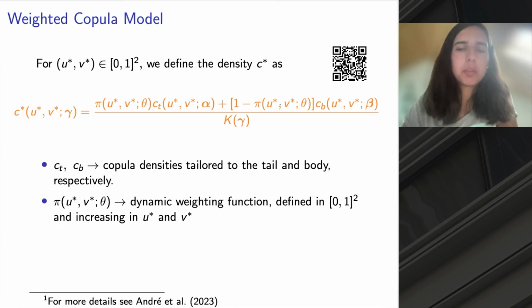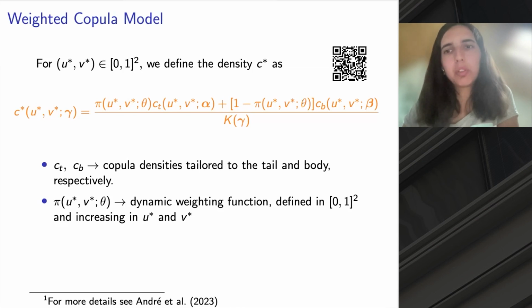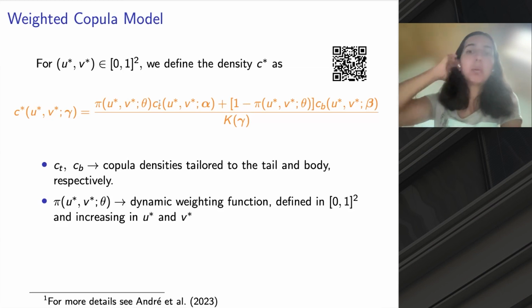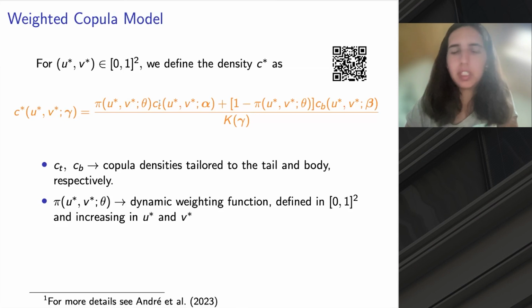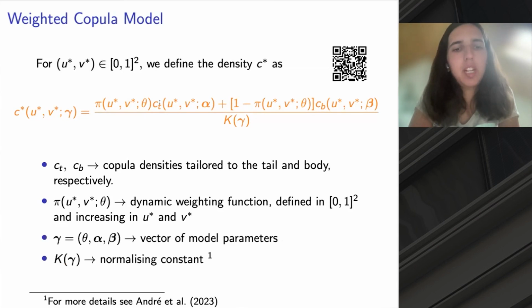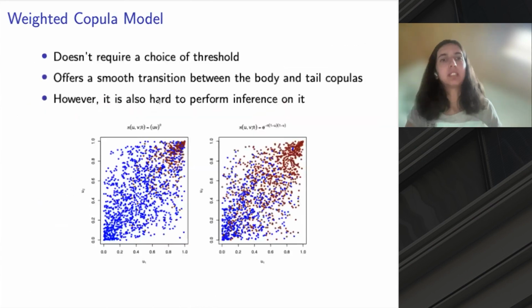But for smaller values of pi, the opposite is true: 1 minus pi is close to 1, so CB will have more influence, and pi will be close to 0, so CT won't have much of an influence. And then we have gamma to be the vector of model parameters and kappa to be the normalizing constant. So this is our density.